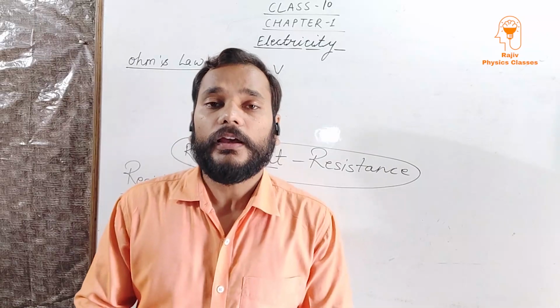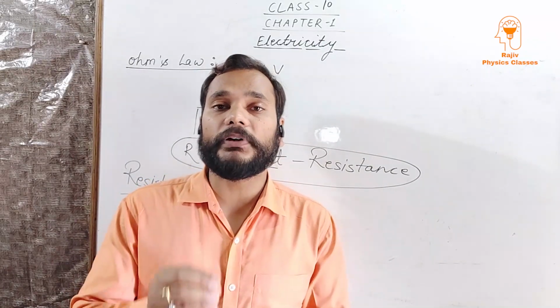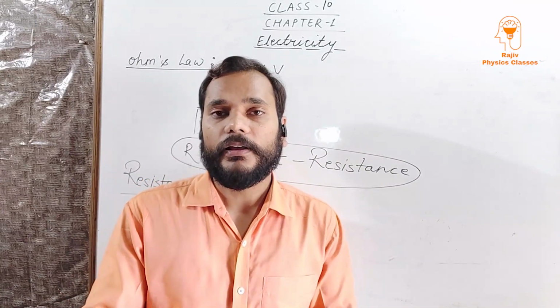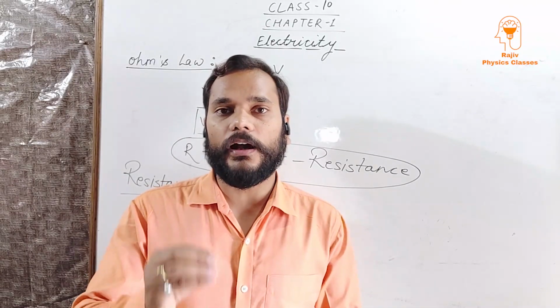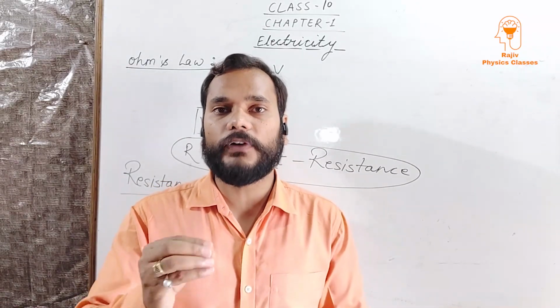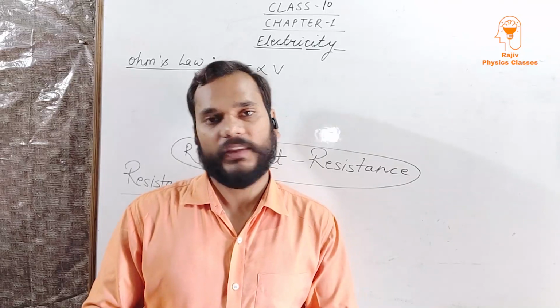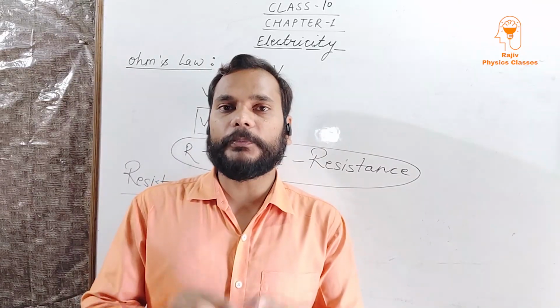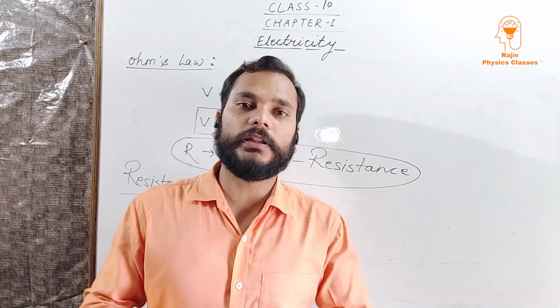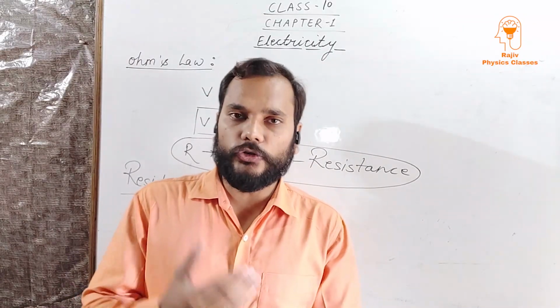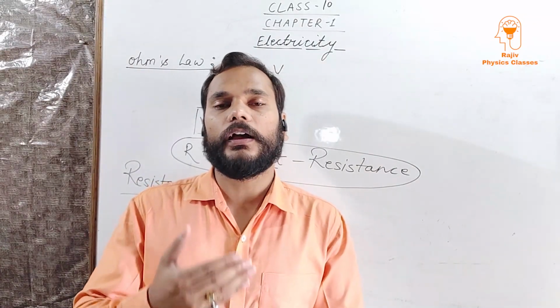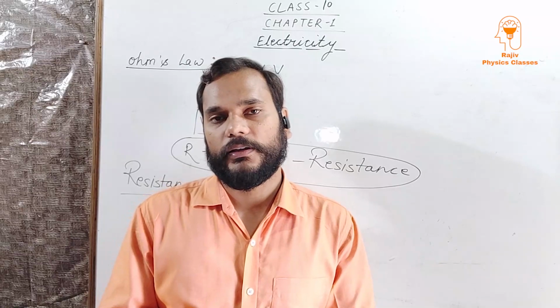What is resistance? Resistance is the property of a conductor by virtue of which it opposes the flow of current in it. It's actually the property of the conductor only, due to which it opposes the current through it.